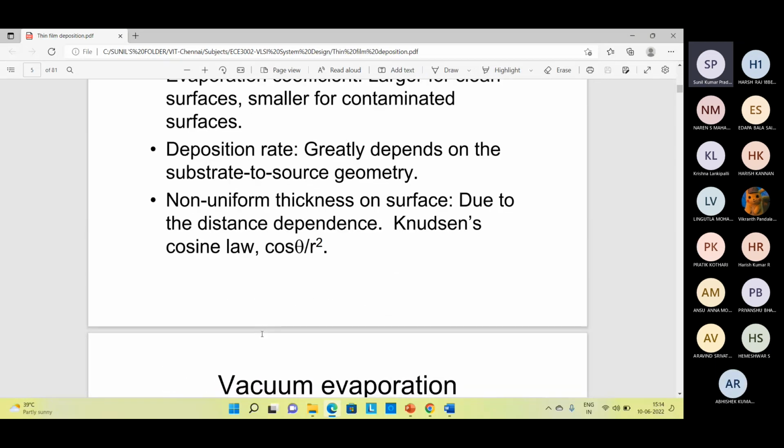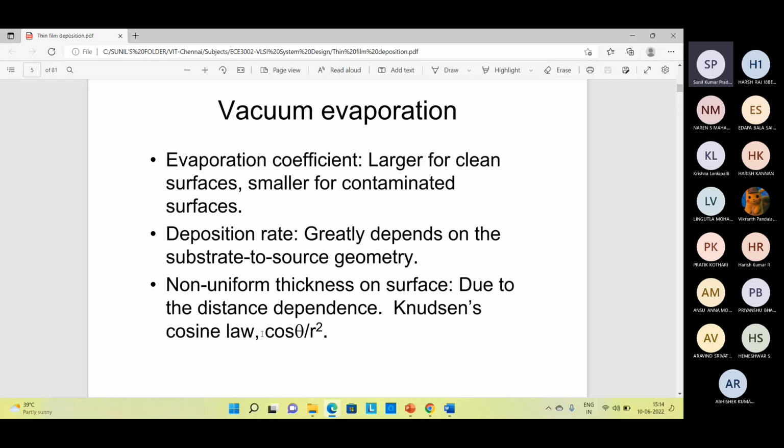Now, in this vacuum evaporation, if you take the evaporation coefficient into consideration, it is larger for clean surfaces and smaller for contaminated surfaces. Okay, so this is very important. The deposition rate greatly depends on the substrate to source geometry.